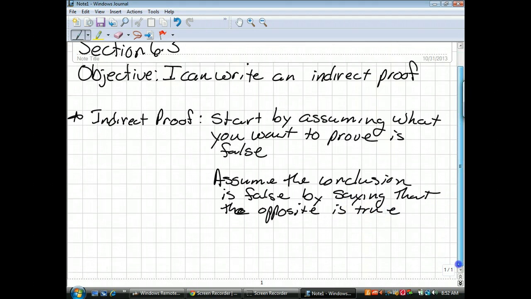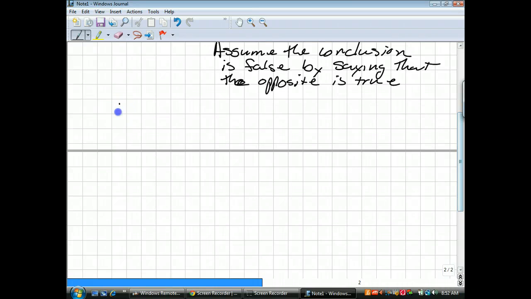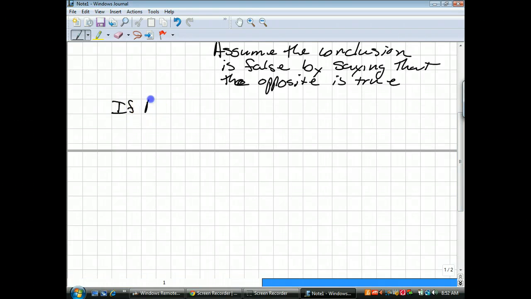Okay? So for instance, if I had this conditional statement, if length of AB equals length of BC, then triangle ABC is not scalene.